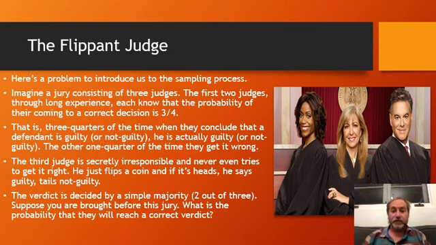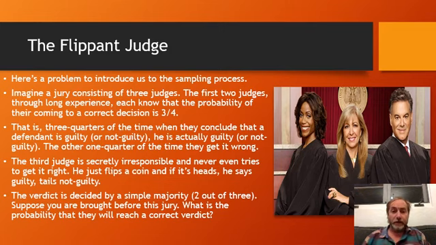What that means is 3/4 of the time when they conclude that a defendant is guilty or not guilty, they get it right. The other quarter of the time, they end up getting it wrong. They say he's guilty when it turns out he's not, or vice versa. So those two judges have a 0.75 batting average. They get it right 3/4 of the time.